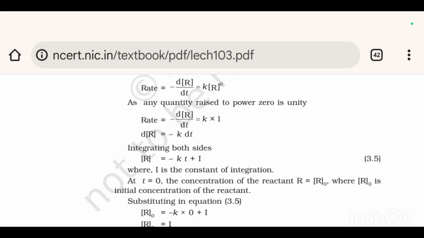At t equals 0, the concentration of the reactant [R] equals [R]0, where [R]0 is the initial concentration of the reactant.